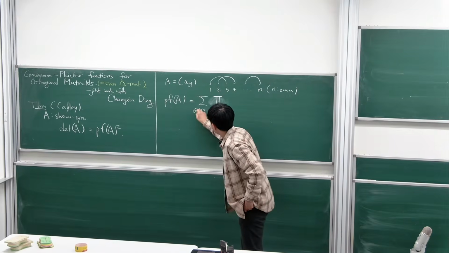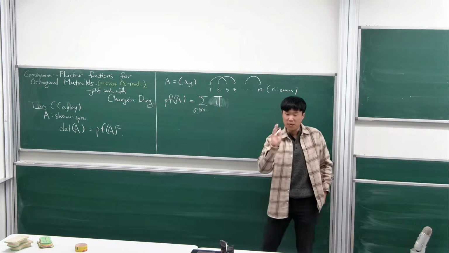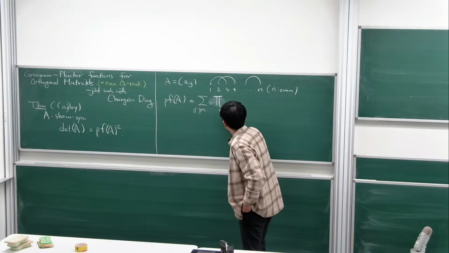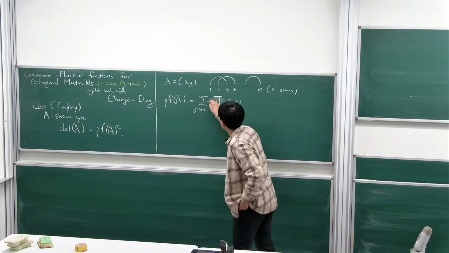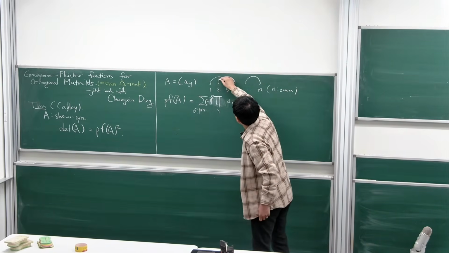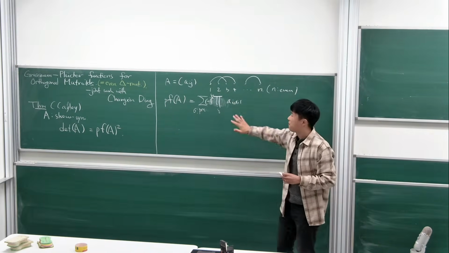So sigma is a perfect matching, meaning a permutation with no fixed point which is an involution, and then you take the product of those entries with a suitable choice of sign, which is determined by the number of crossings of the perfect matching. And this is just the definition of the Pfaffian.